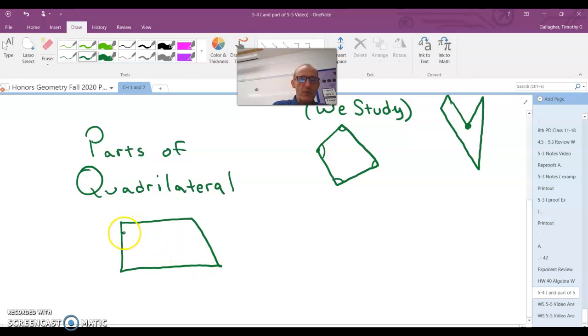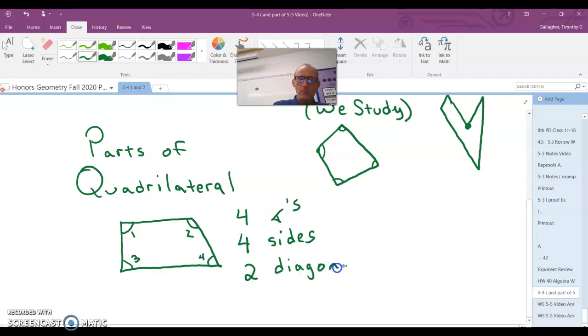We have angle 1, angle 2, so we have 4 angles. I guess I can go 1, 2, 3, 4, it doesn't matter. So there are 4 angles, 4 sides, and 2 diagonals. The 2 diagonals connect the angles like that.